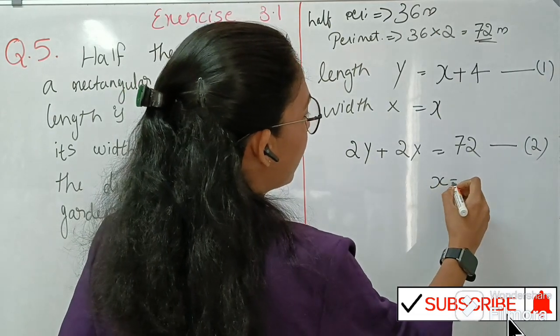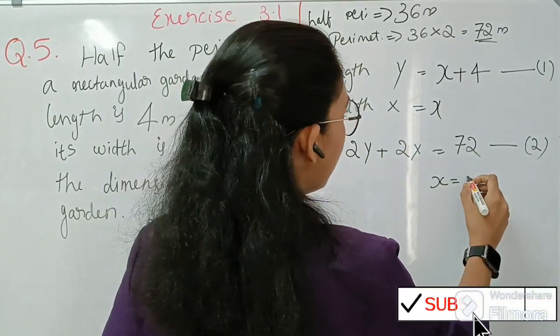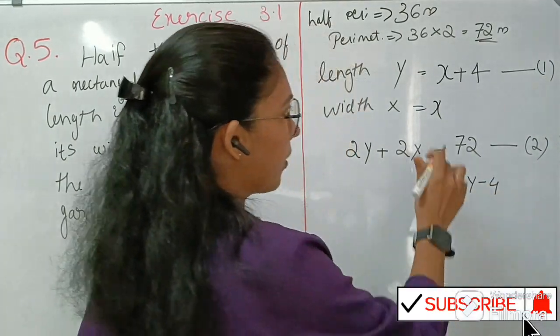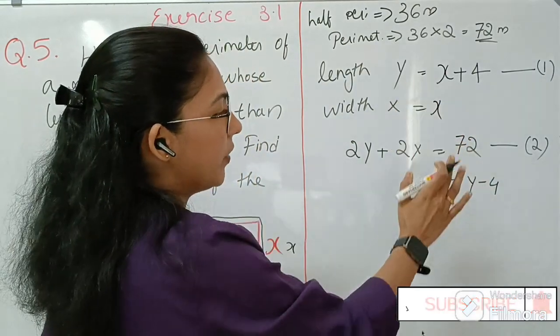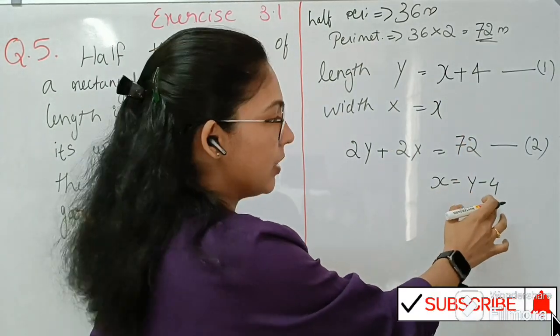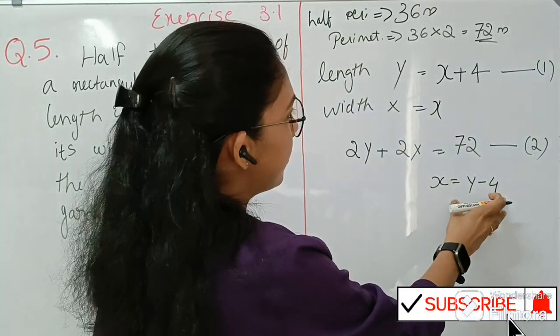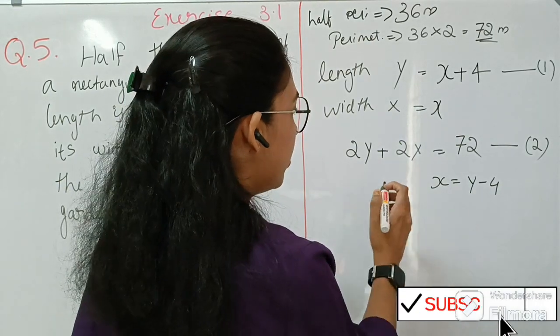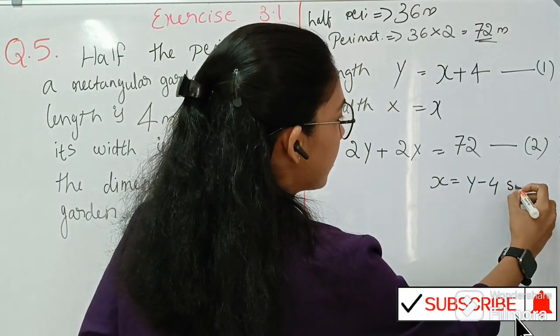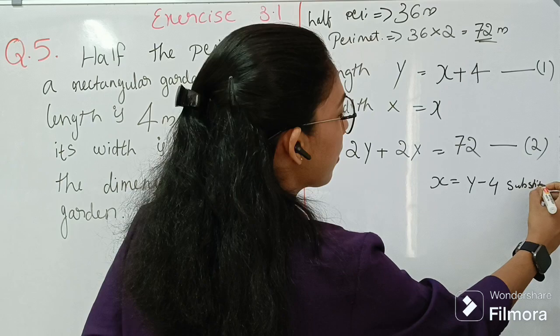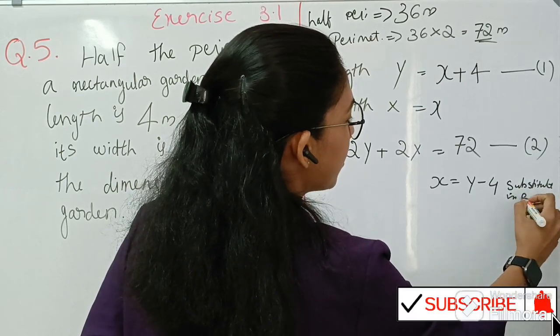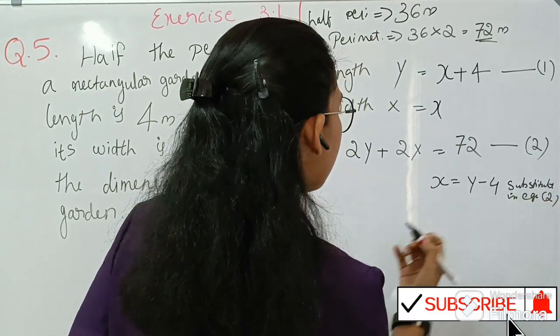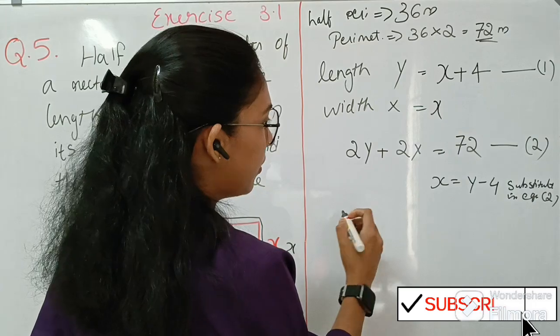Let's find an equation for x, that is x is equal to y minus 4. From equation 1 we get x is equal to y minus 4, and substitute this value in equation 2. Then what's happening?